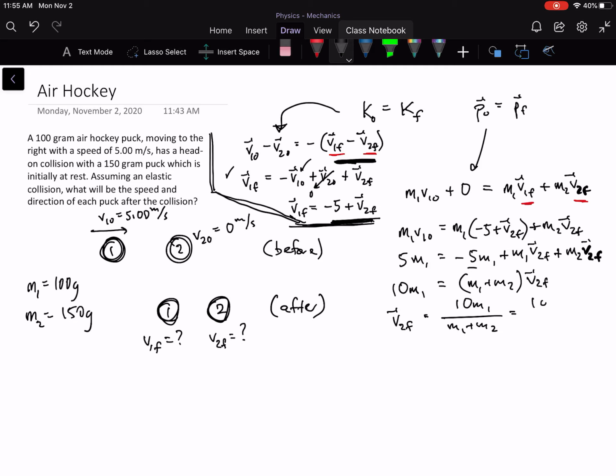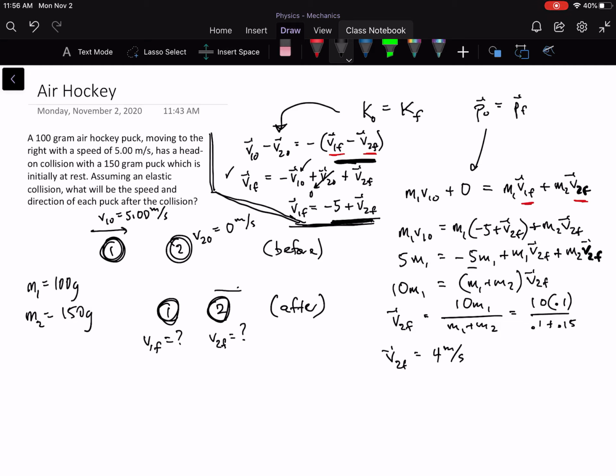If we're substituting in, that gives us 0.1 kilograms over 0.1 plus 0.15, and that gives us that the final velocity of the second object after that collision is 1 divided by 0.25, which is 4 meters per second, and it came out positive, so we know that that's to the right.